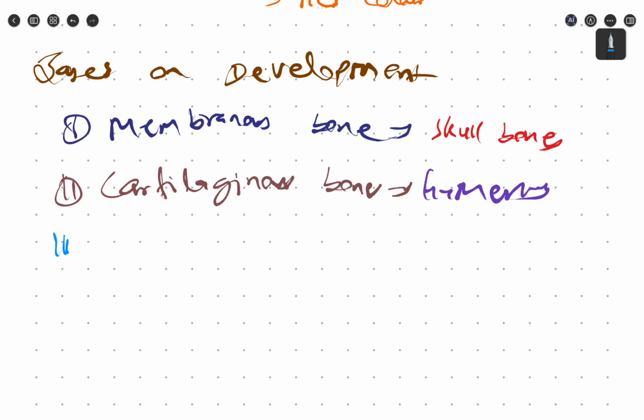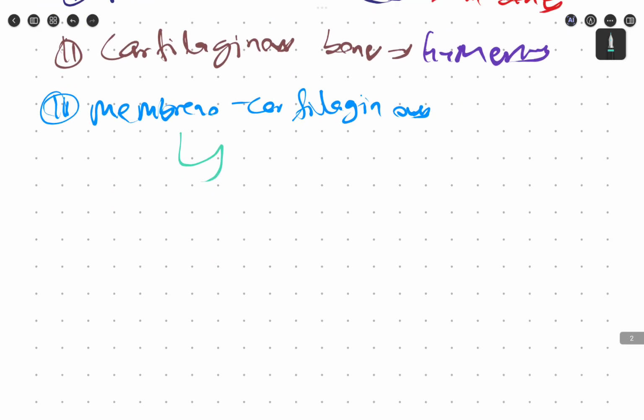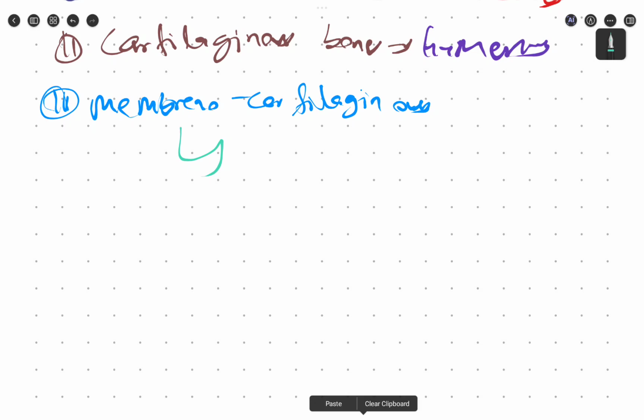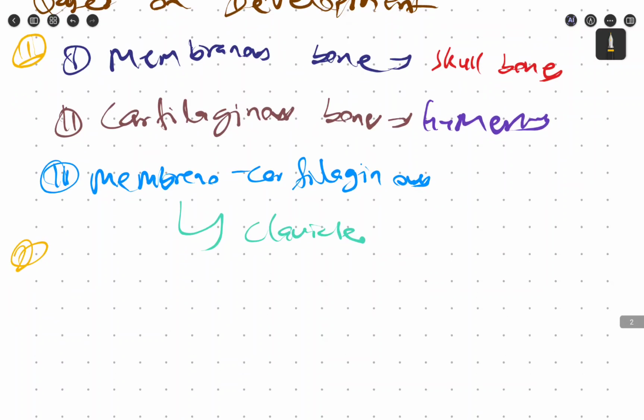Now there is membranocartilaginous bone, meaning a partial portion is developed from membrane and a partial portion from cartilage. For example, the clavicle is one of the famous examples. Another classification is somatic and visceral.